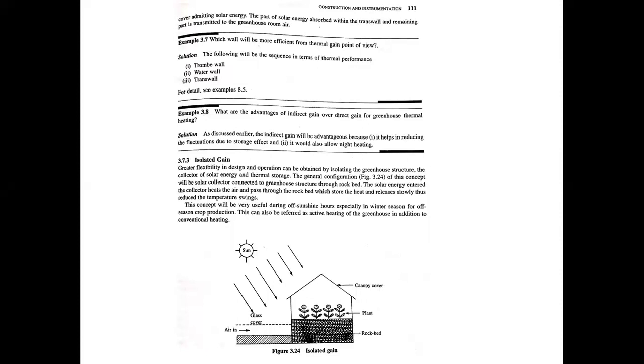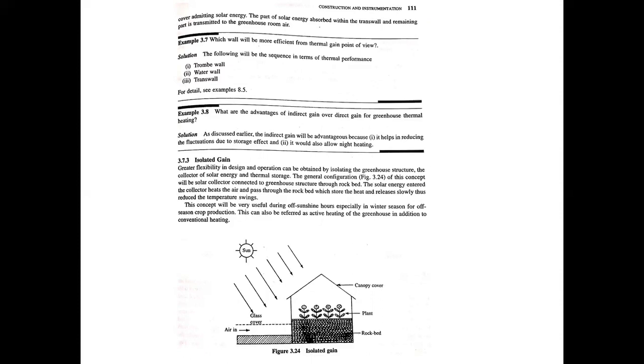So this is the isolated gain type where a rock bed is created at the bottom, then an air passage area is provided so that cool air gets transmitted in the greenhouse so as to maintain the temperature or provide ventilation. Then plants are provided over the bed so that solar radiation is absorbed.